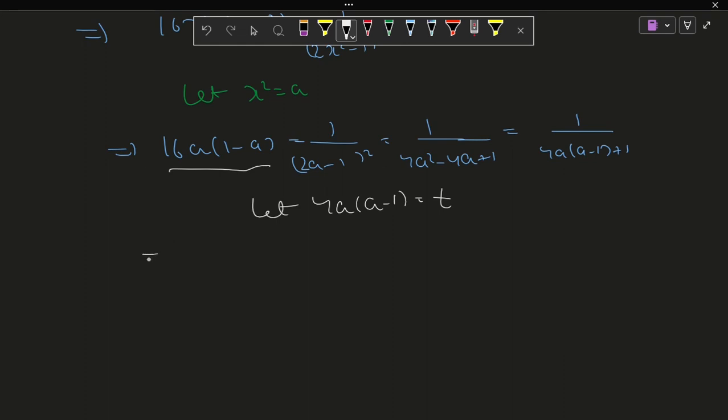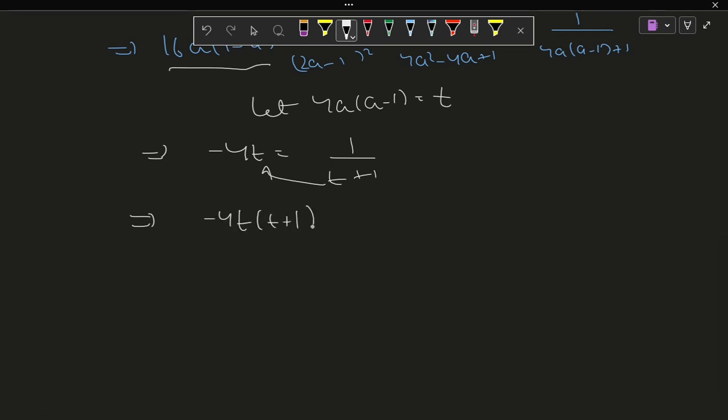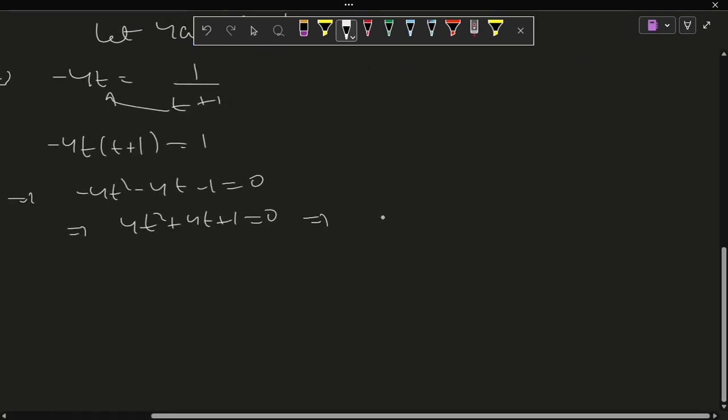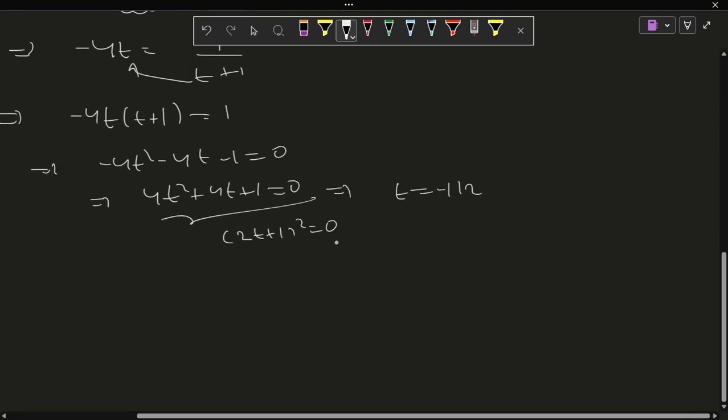So this expression will become minus 4t, and this will become t plus 1, and then we can take it there and form a quadratic equation. t is equal to 1 upon t plus 1, so minus 4t squared minus 4t minus 1 is equal to 0. On multiplying with minus 1, we have 4t squared plus 4t plus 1 is equal to 0, which means that t is simply minus half, since this will become 2t plus 1 whole square. So we have the value for t.